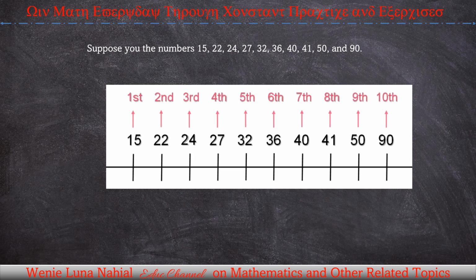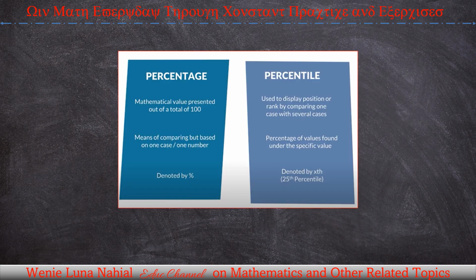The numbers are arranged, and we have only 10 observations. So you have 22 the second, 24 the third, up to the 10th, which is 90.